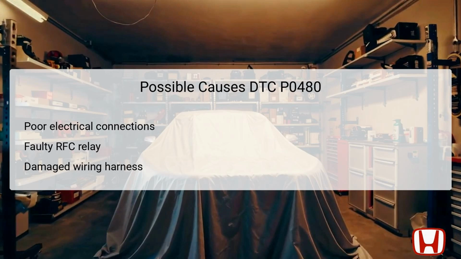Another common issue could be a faulty RFC relay, which can stop the fan from receiving the necessary electrical signal to operate. Additionally, damaged wiring within the harness that connects these components can also contribute to this error code. Each of these components needs to be meticulously inspected to identify the root cause of the malfunction in the RFC system.